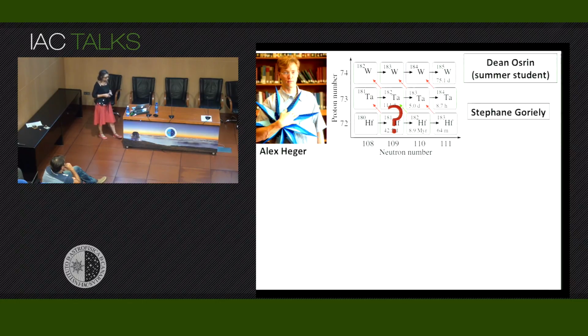So I started looking at this problem, and I wanted to get the latest information about this hafnium-182: the level structure, the angular momentum of this level, the energy, the decay rates, and all that. To do that, you can look at the internet, of course, because there are very good databases on nuclear structure. And I looked at the three most famous of these internet resources. One is the International Atomic Energy Agency.